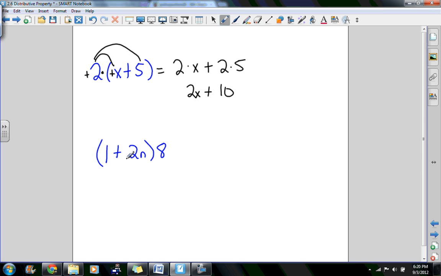That type of thing. Down here, there's nothing in front, but I do notice a number behind, and it's the same structure as this. There should be a multiplication sign. I'm going to distribute in reverse, but should be the same answer.